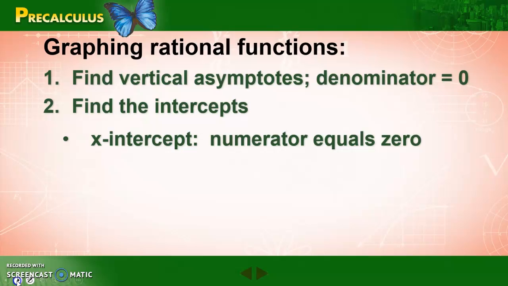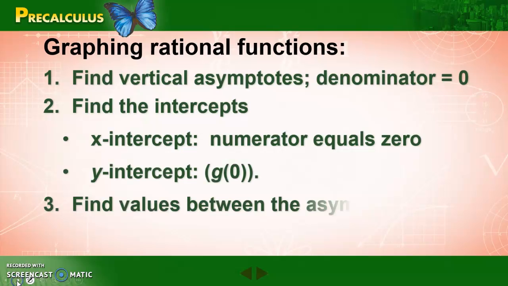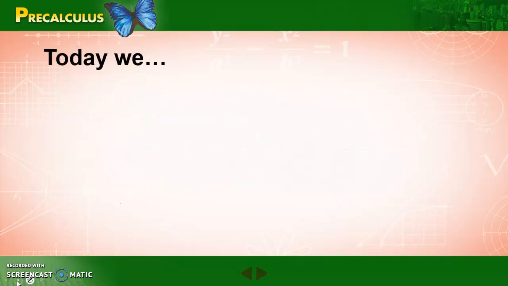Okay, and the x-intercept there, again, numerator equal to 0, and y-intercept, we evaluate our function at 0. We find values between any of the asymptotes, and keep in mind that a proper rational function has a horizontal asymptote on the x-axis. Again, it can cross the asymptote. That just tells you the behavior of the tails. It cannot cross a vertical asymptote, however, and then we sketch our graph.